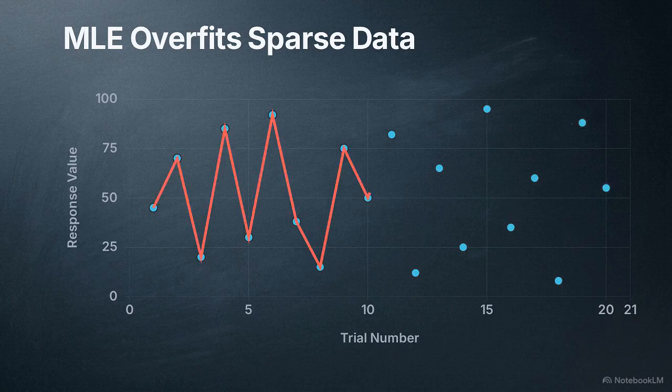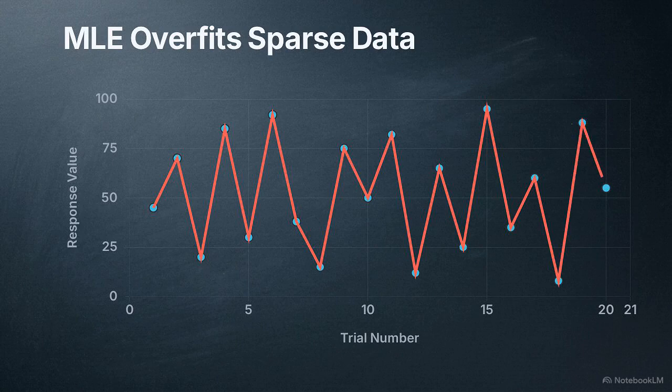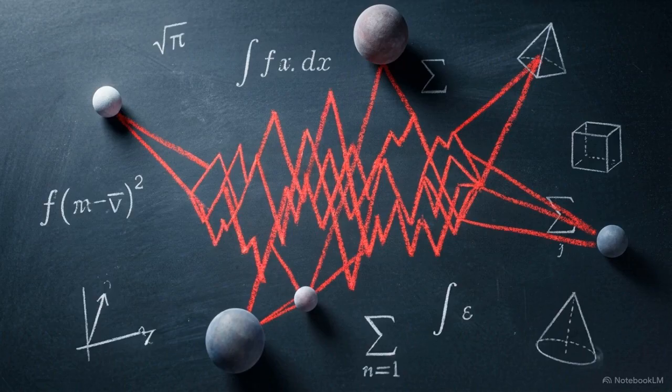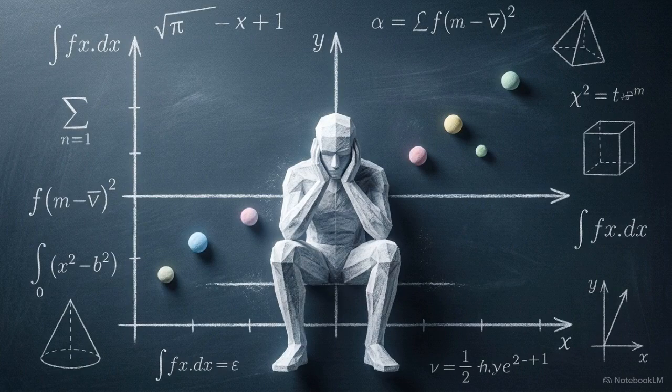The line representing the point estimate jumps wildly in an attempt to fit the noisy, insufficient data. Mathematically, the model either overfits to the noise or loses the true cognitive signal entirely. Independent parameter estimation is incompatible with the data limitations common in modern cognitive neuroscience.